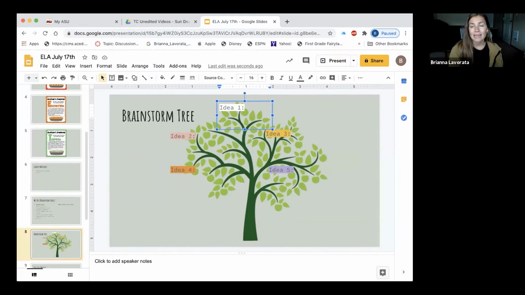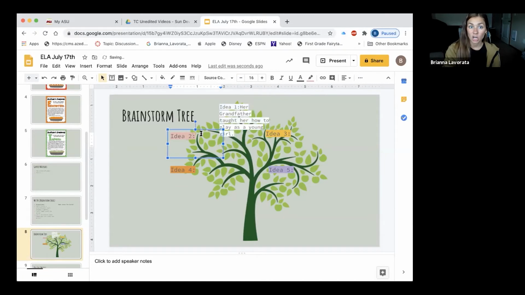I'm going to say Emma loves the guitar because her grandfather taught her how to play as a young girl. Emma loves to play the guitar because her grandfather taught her how to play the guitar as a young girl.